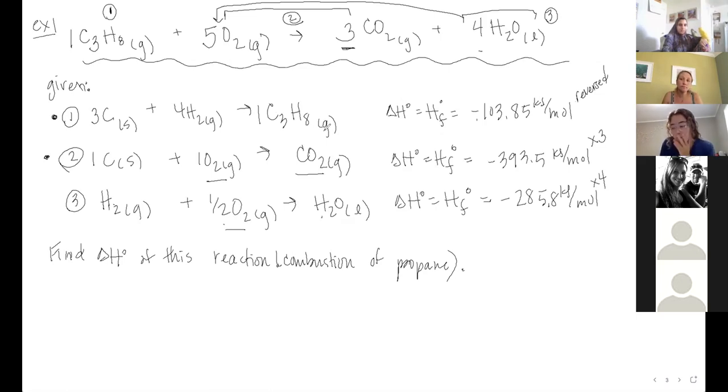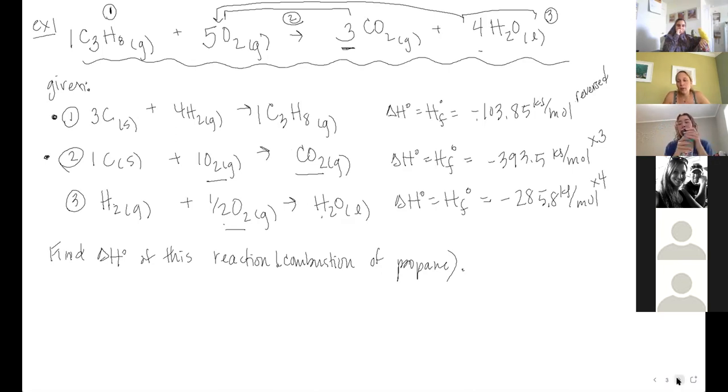Just asking, would we be given the delta H values for each equation, or would we have to check them out? So you will be given tabulated delta H values, or you will be given delta H values in the problem statement. And I don't expect you to memorize what's forming propane.